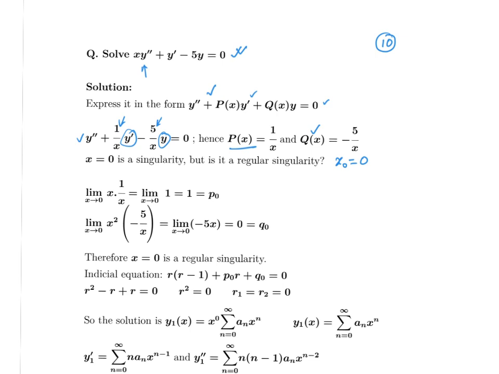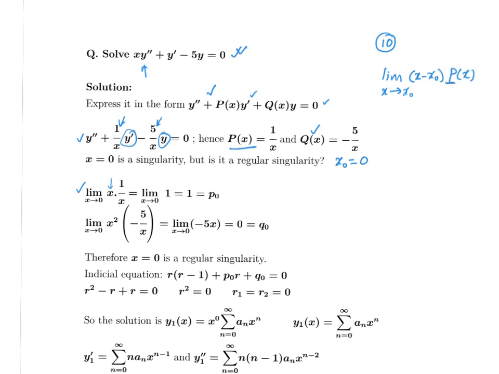So now, the way to check it is to take the limit. Limit as x approaches 0 of x times 1 over x, and I have written it before, but let me write it again. Limit as x approaches x naught of (x minus x naught) times p of x.